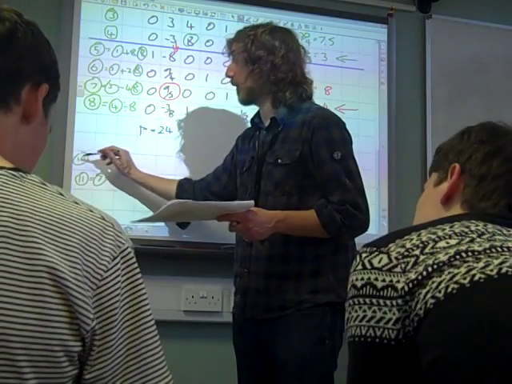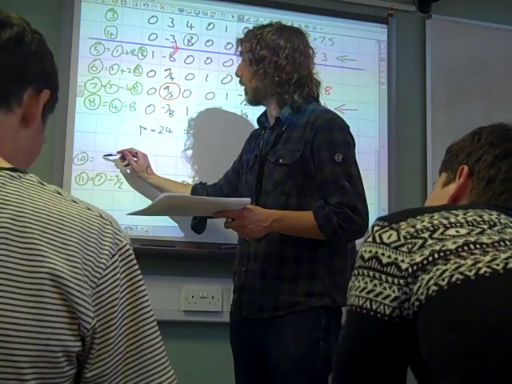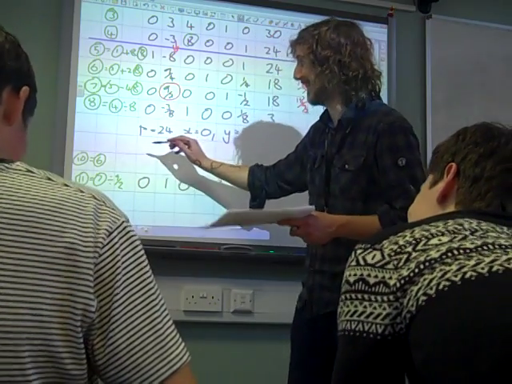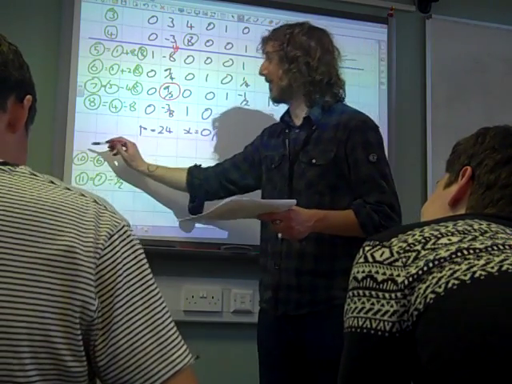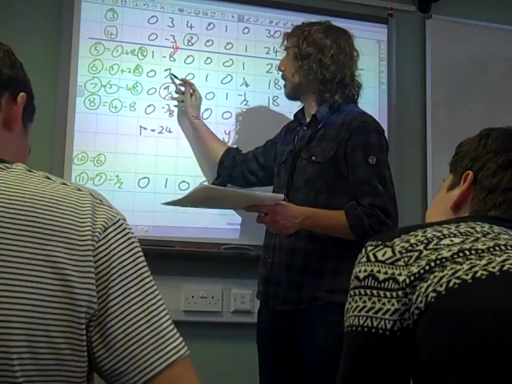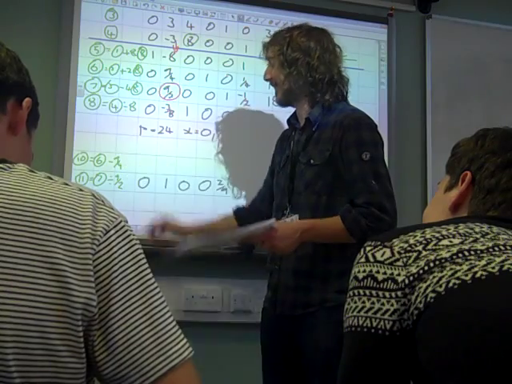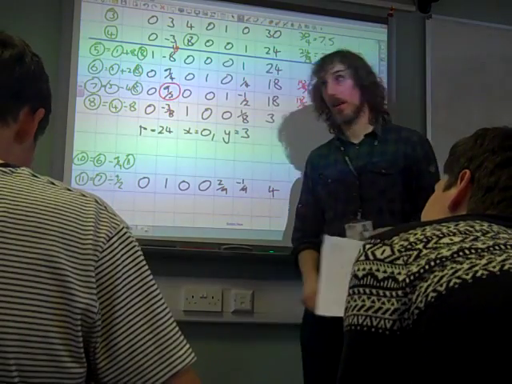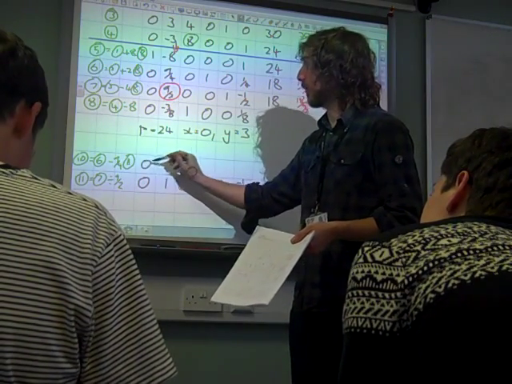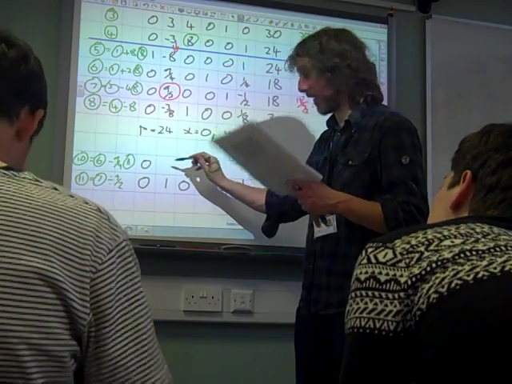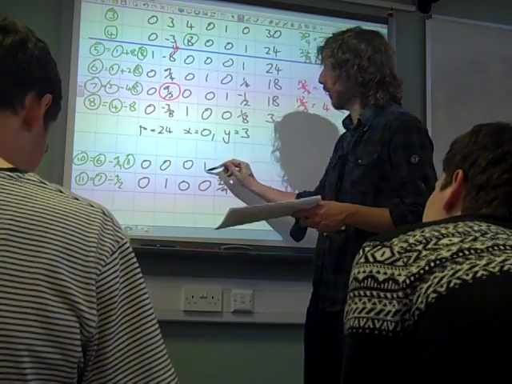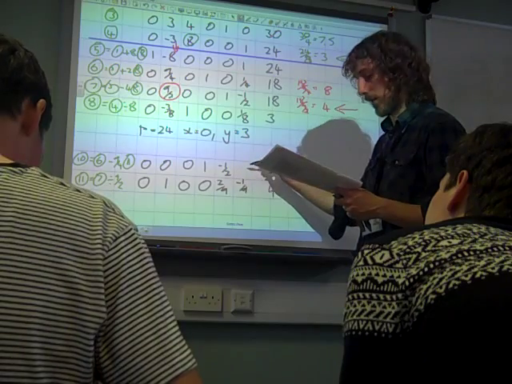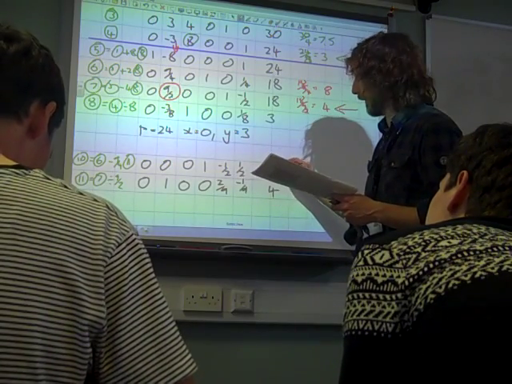Row 10 is from row 6, minus 9 over 4 times row 11, giving us a ridiculous equation. 0, 0, 0, 1, minus half, half, 9.